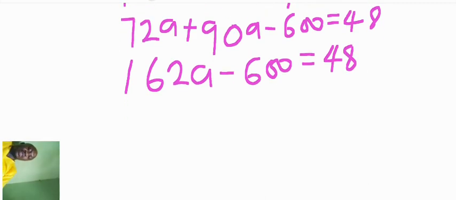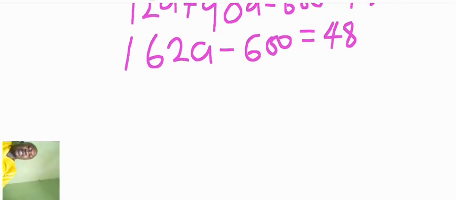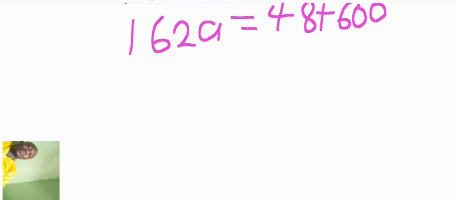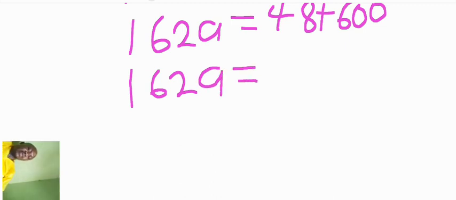We need to add the additive inverse of what? Negative 600 to both sides, which means that at the left hand side I'll be having 162a equals, and at the right hand side I'll have 48 plus 600. I'll now have 162a equals 48 plus 600.